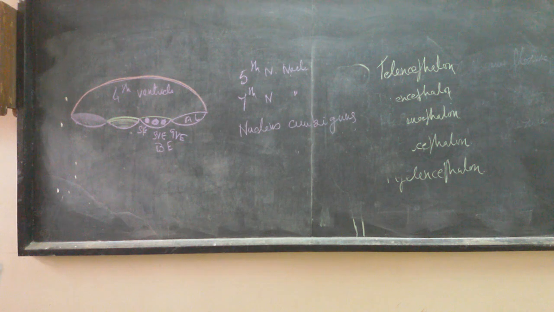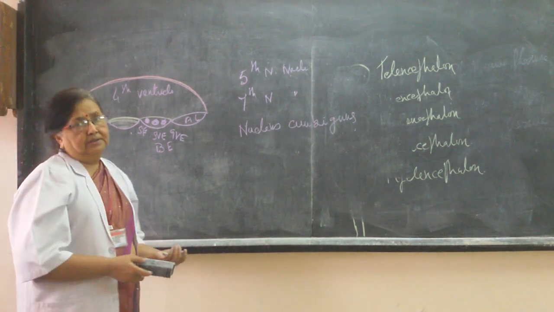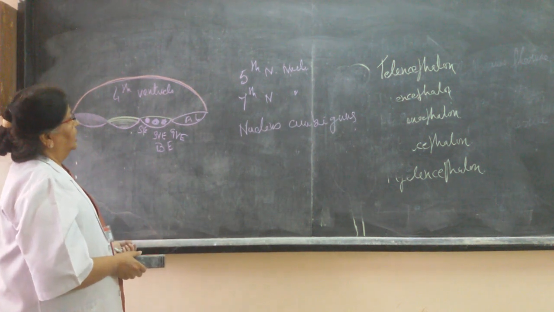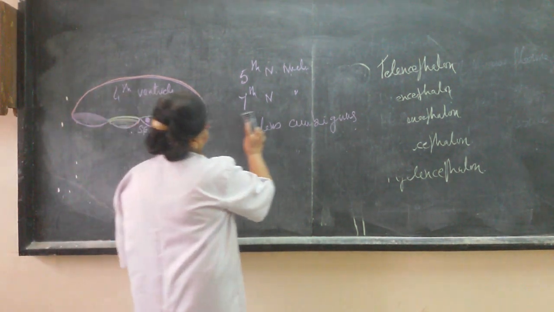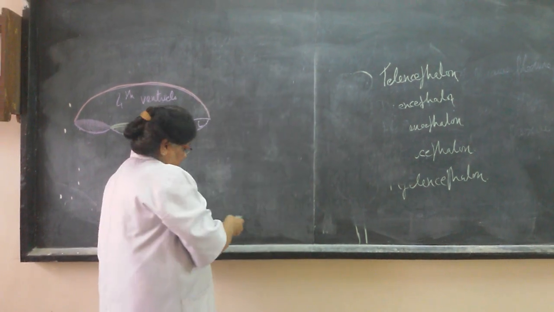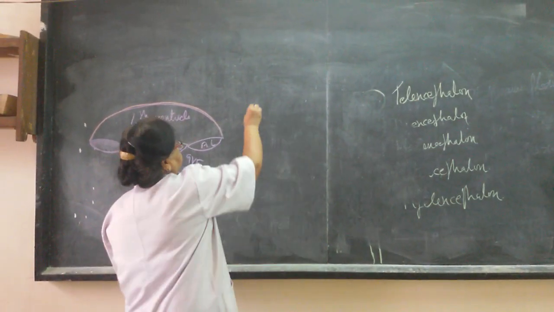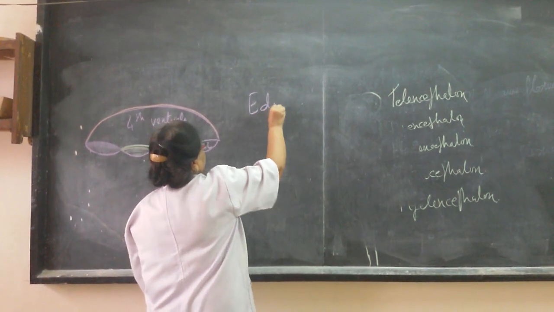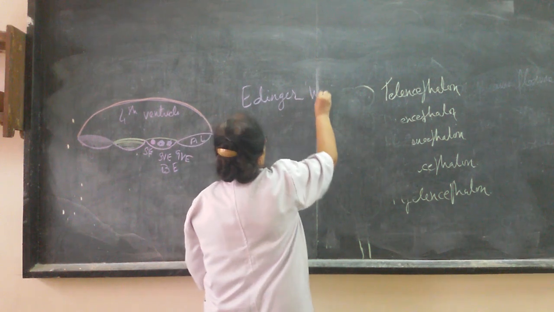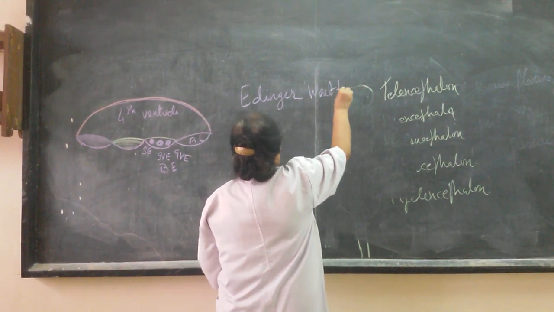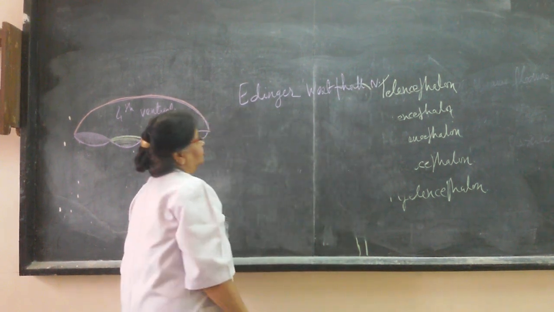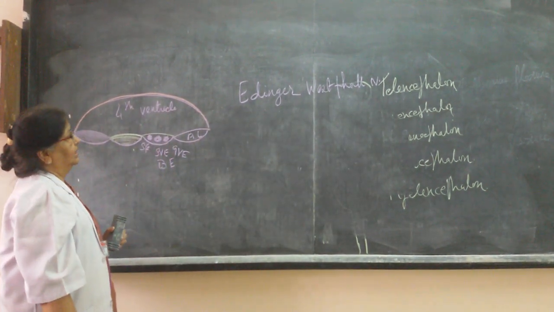The nuclei related to the parasympathetic system in cranial nerves are the Edinger-Westphal nucleus. This is related to the third cranial nerve.